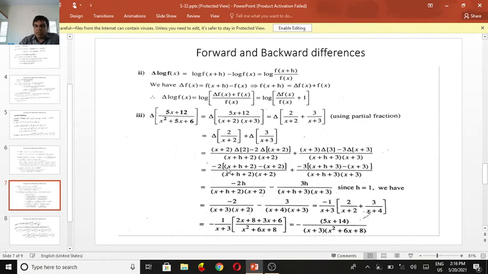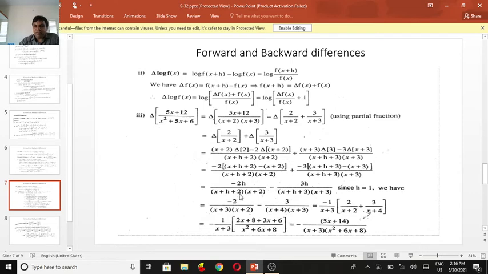So minus 2 times (x plus h plus 2 minus x plus 2). In the second term, the denominator is written as it is, (x plus h plus 3)(x plus 3). Δ of 3 is 0, since the Δ of a constant is 0. The first term is 0, minus 3 times (x plus 3 plus h minus x plus 3).